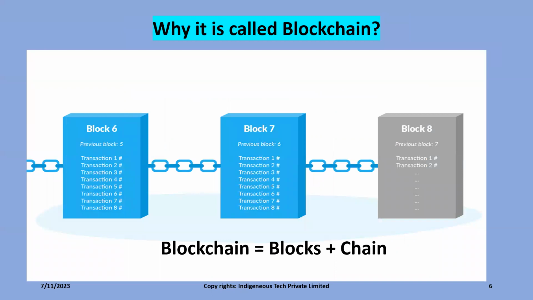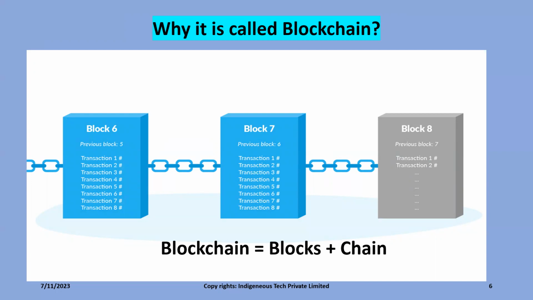Now, why at all is blockchain called blockchain? So we have blocks. What are these blocks? Whenever a transaction takes place on Bitcoin, transferring the Bitcoins, these transactions are put into a frame called a block.